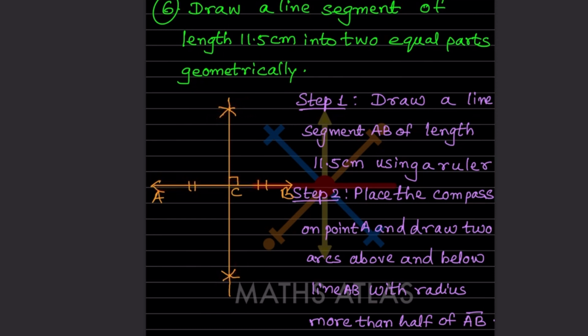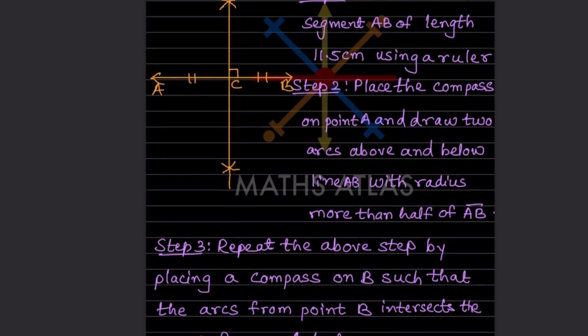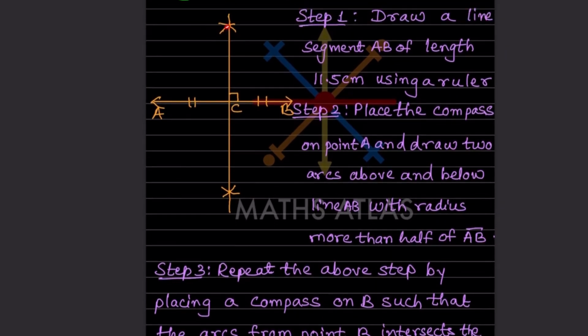Then you are going to repeat the same step, placing the compass on B, again with the same distance. You will draw an arc over here and an arc over here. So what happens here, whenever you draw an arc, you see that this point, you are going to mark this point and then you are going to draw a line.